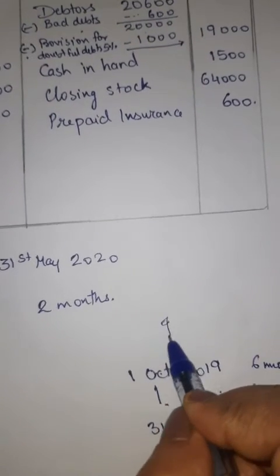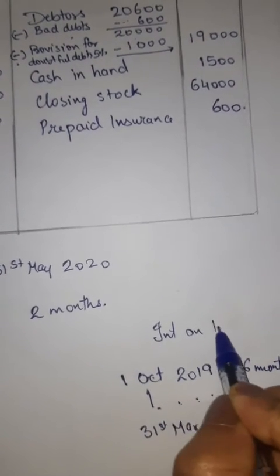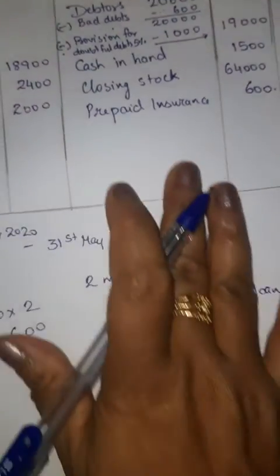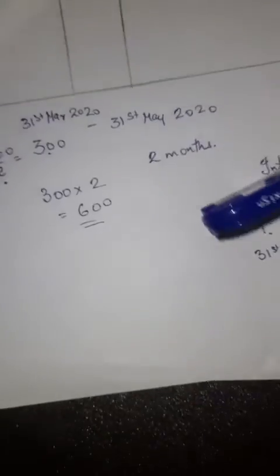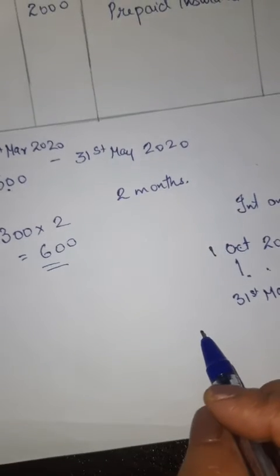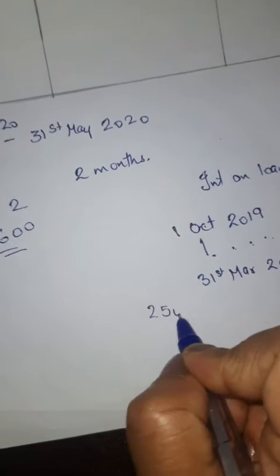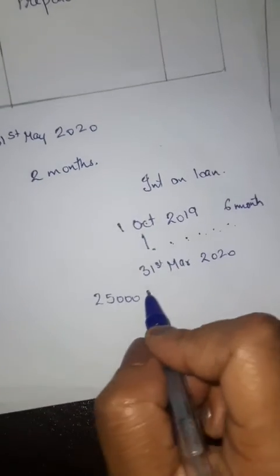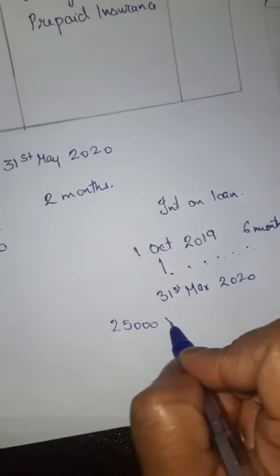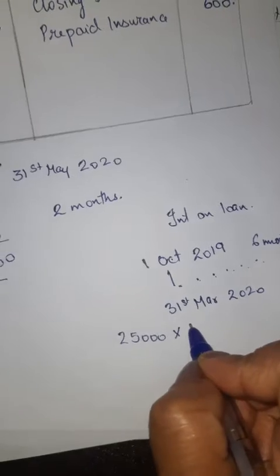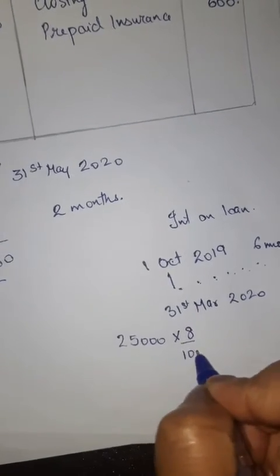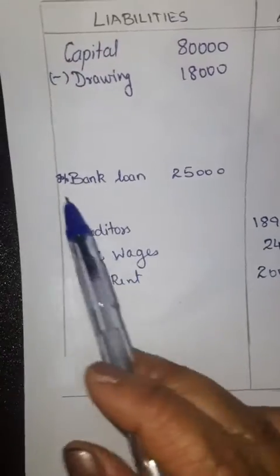What we are calculating is interest on the bank loan. So how to calculate the amount? The loan taken is 25,000, it is provided in the question, into the rate of interest, which is also given in the question, 8%.